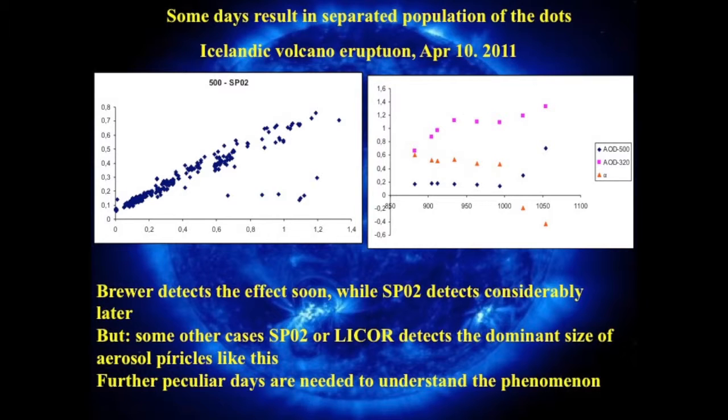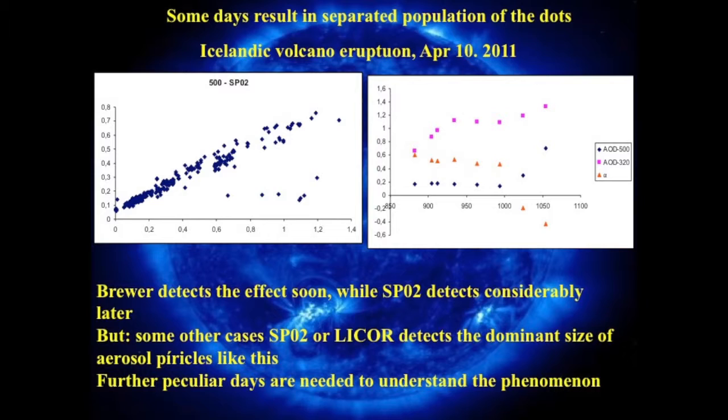It means that we have a relatively low value from the visible AOD and a high value from the Brewer AOD.